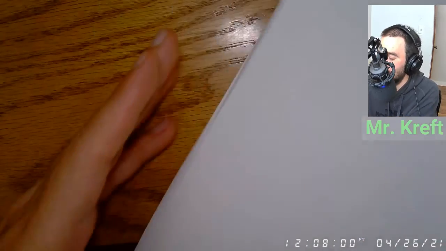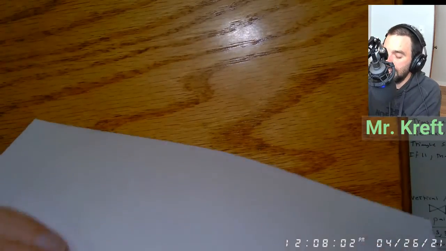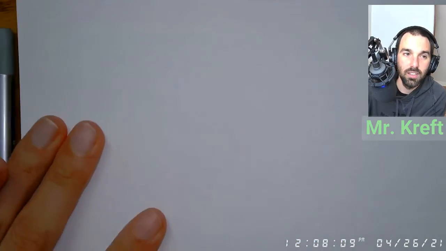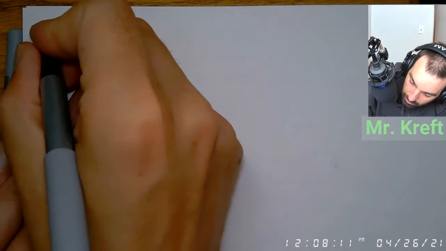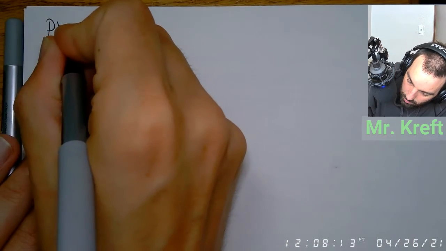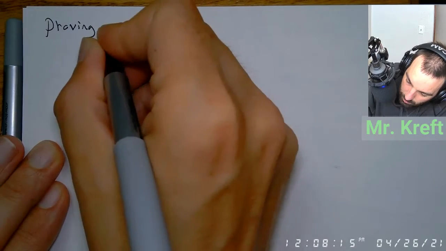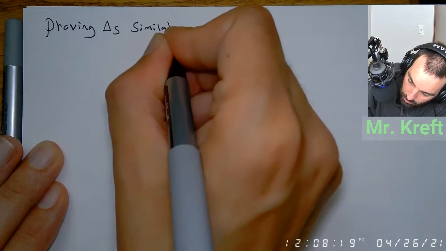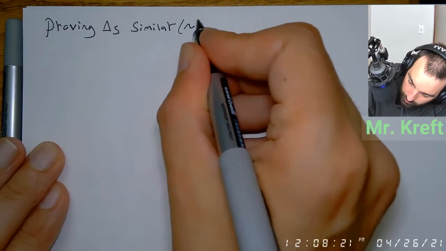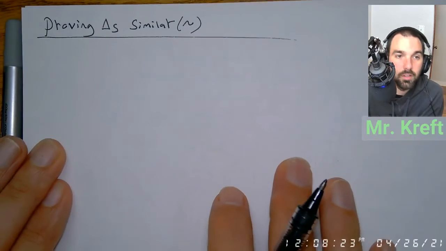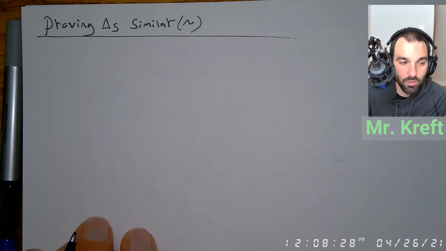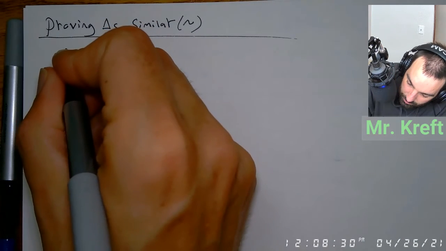Finding missing sides, finding scale factor. Then 8.2, we got into proving triangles similar. So there are how many ways? We only talked about one way.